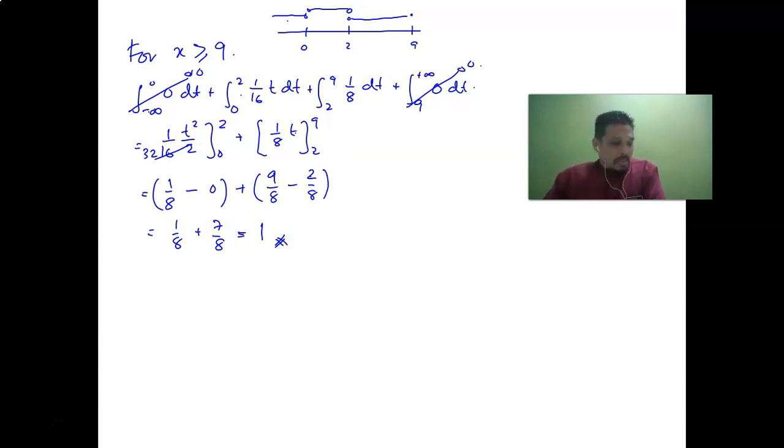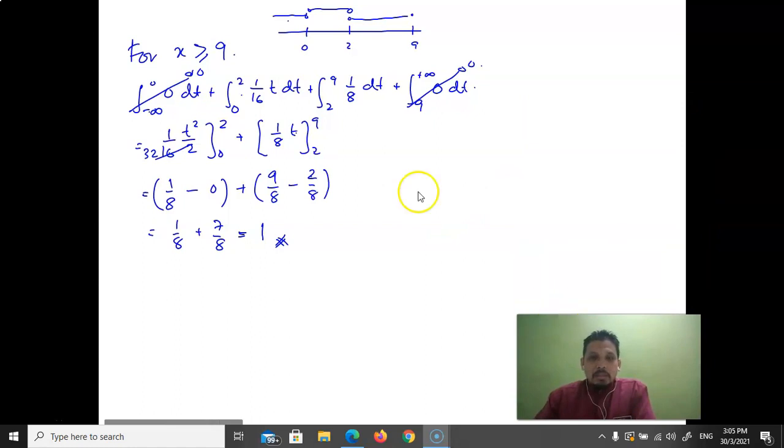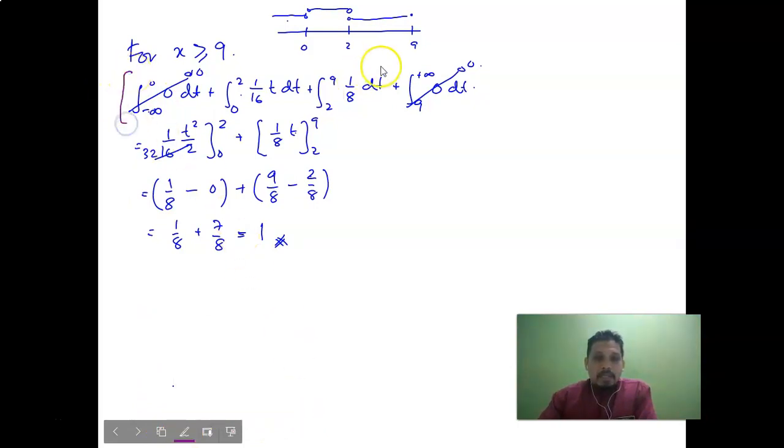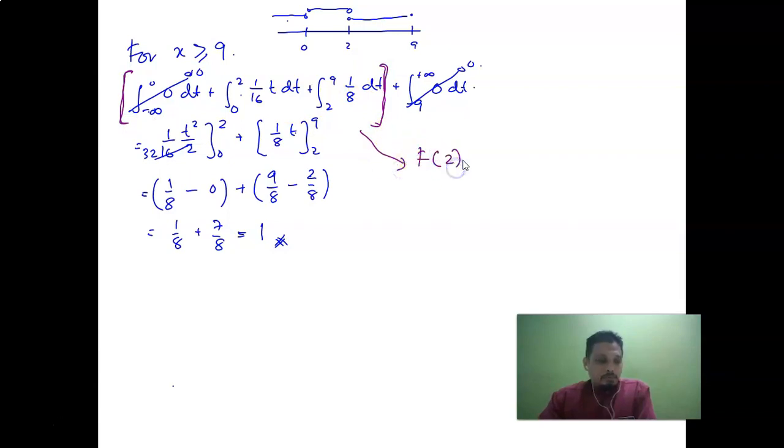Okay, actually we can also use this, because from the beginning of this until here, we can define this as F9 plus the integral of 9 to positive infinity of 0 dt, where this is 0, just like this one here now.